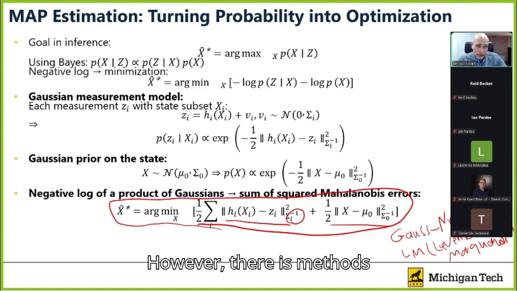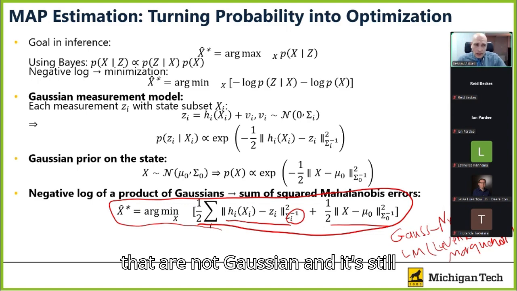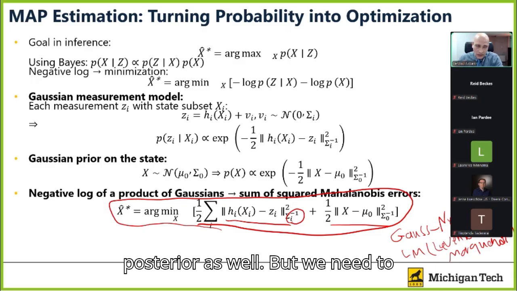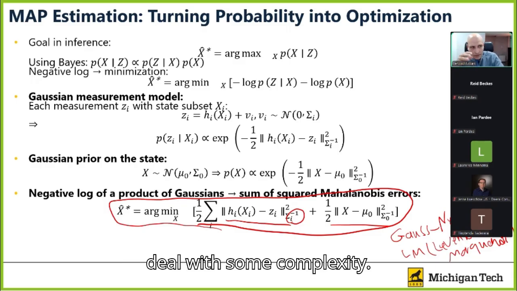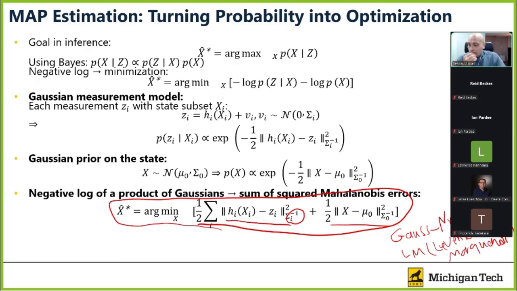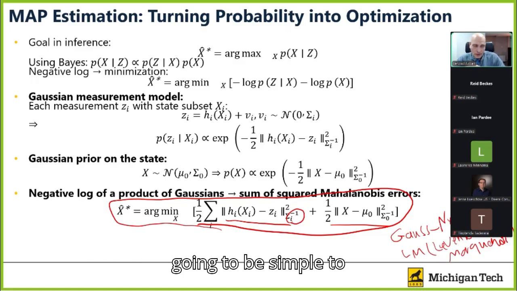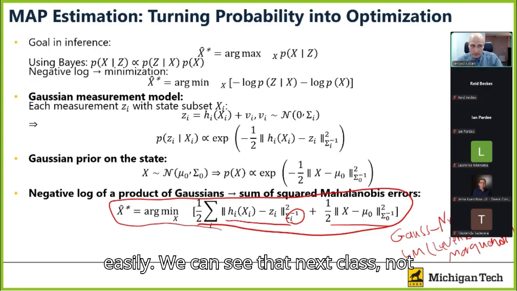However, there are methods that are not Gaussian and it's still solvable using maximum a posteriori as well, but we need to deal with some complexity, because this optimization problem is not going to be simple to linearize. This can be made linear easily. We can see that next class, not today.